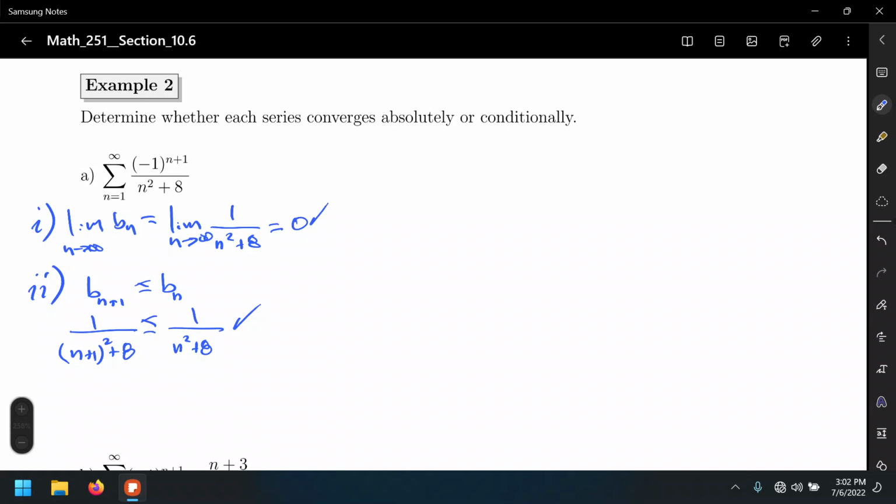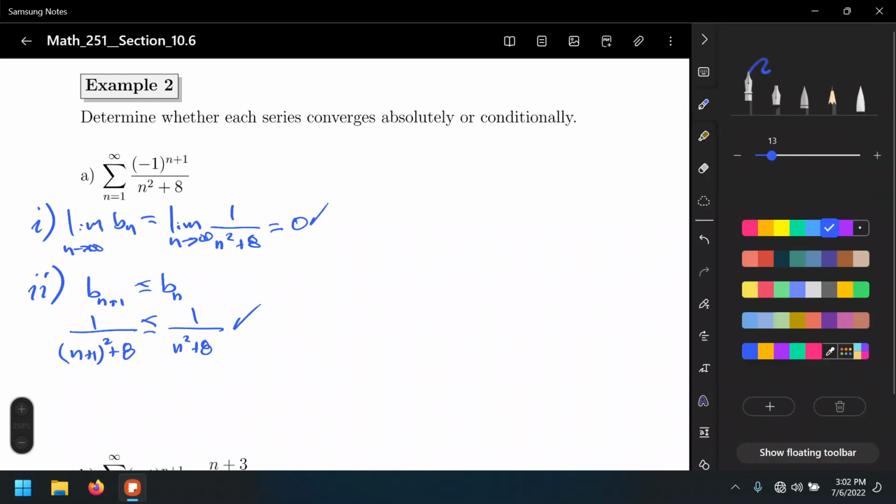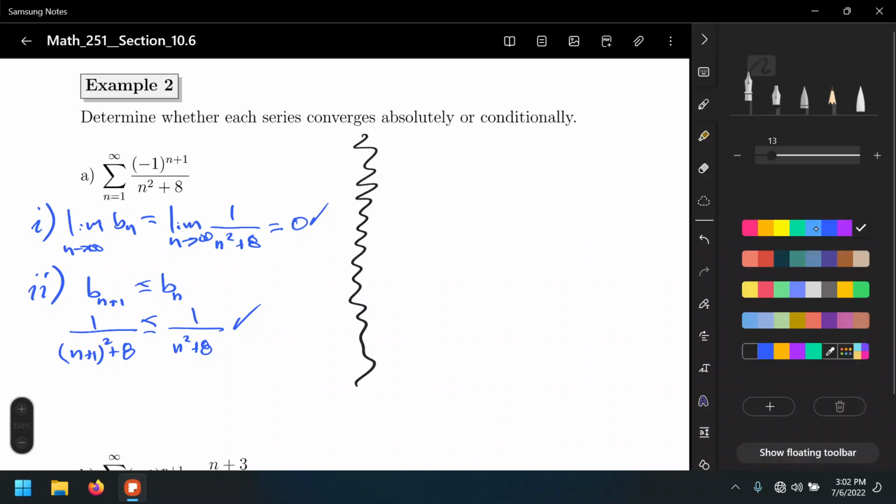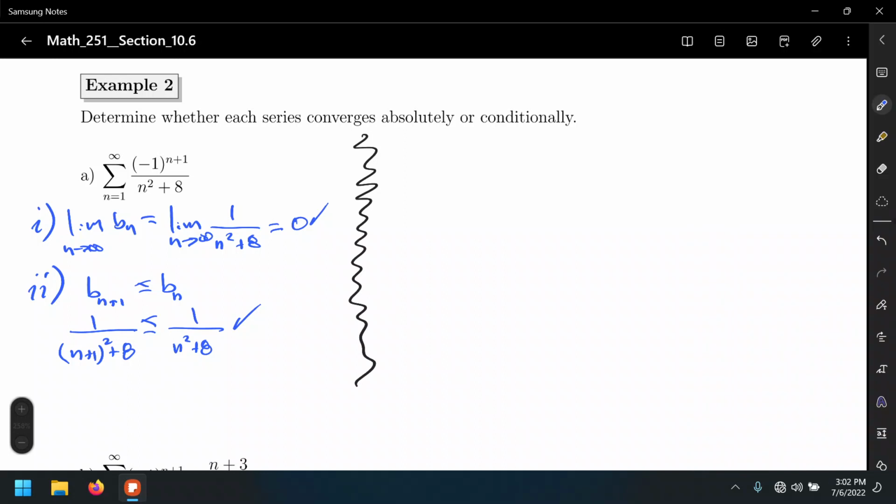Both conditions are satisfied. Now let's create a whole new problem. That means sigma n equals 1 to infinity of negative 1 to the n plus 1 over n squared plus 8. We need to take the absolute value of this series.